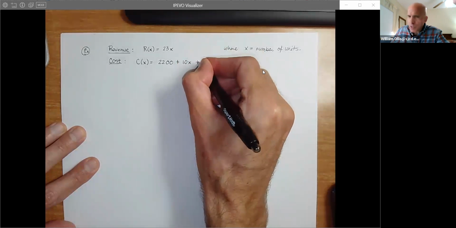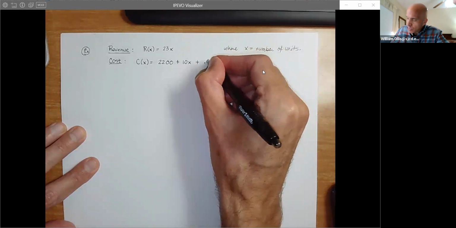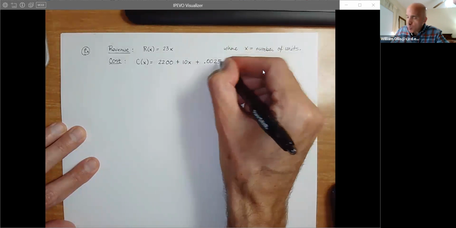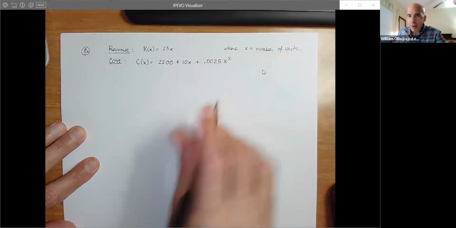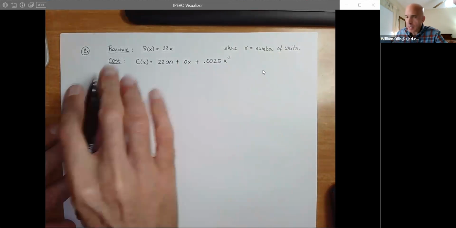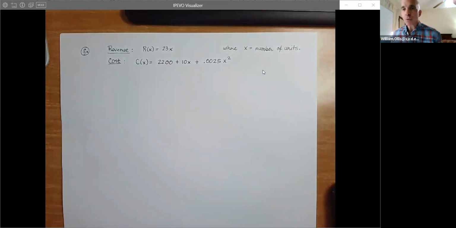And they give you the numbers kind of unfortunately. They give you this decimal. So we're going to get rid of it and clean up the problem. But 25 over 10,000 x squared. So you're thinking, wow, we'll clean that up and clean up the fractions and all to make the problem more user friendly.